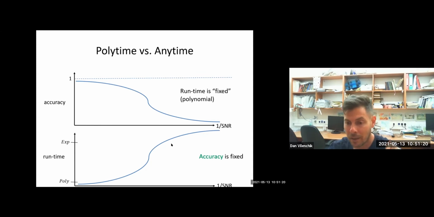Alternatively, we can ask for this picture, which is interesting also, but far less studied. We want the accuracy to be fixed. We want the algorithm always to return 90% of the features of the support of the sparse eigenvector, but we allow the algorithm to increase the running time. So when the SNR is very high, we want accuracy with low computational resources, but as the SNR decreases, we allow the algorithm to increase the running time, but we always want it to find the right solution.